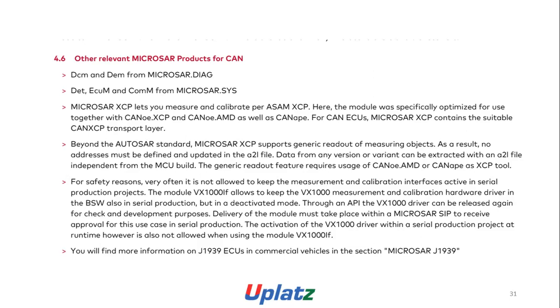The delivery of the module must take place within a MICROSAR SIP to receive approval for this use case in serial production. The activation of the VX1000 driver within a serial production project at runtime, however, is also not allowed when using the module VX1000IF. You will find more information on J1939 ECUs in commercial vehicles in the section MICROSAR J1939.